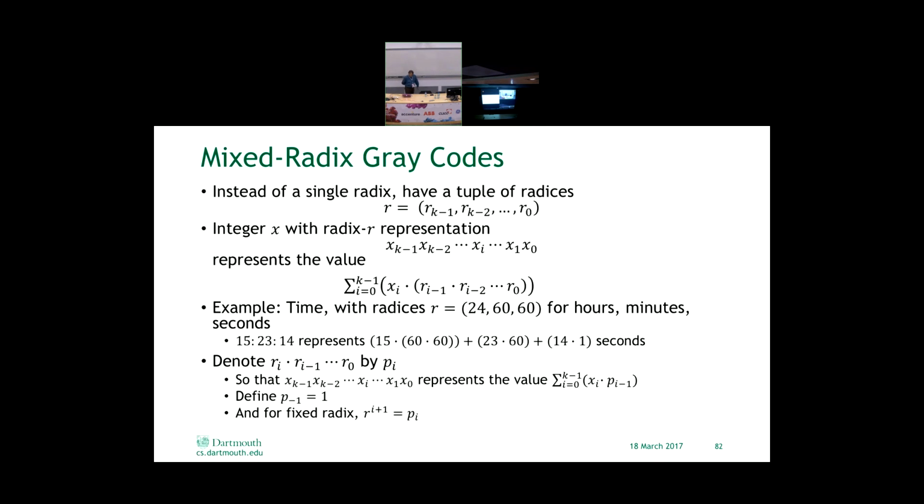And if we think about that, for I equals 0, I minus 1 is minus 1, so we need a p sub minus 1. Well, that's a product with nothing in it, so that's just going to be 1.